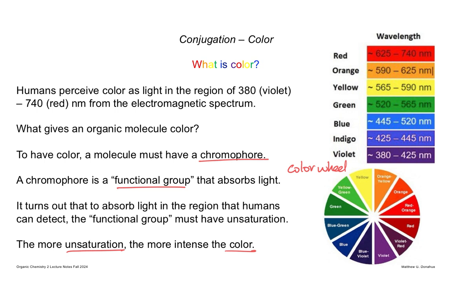So why is this relevant to you? Think back to high school. You didn't want to be called out because you dressed badly. So when people dress, you want to use complementary colors, right? You don't want to clash. So complementary colors are basically opposite on this wheel.